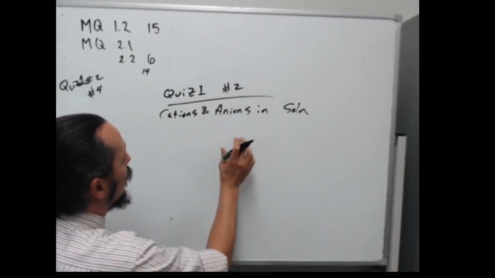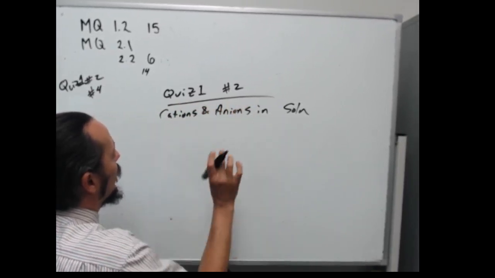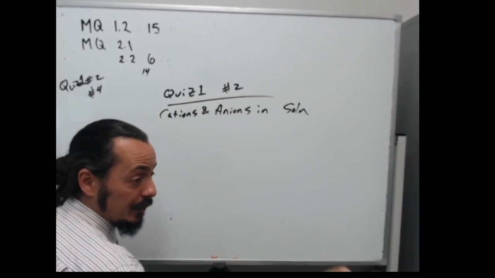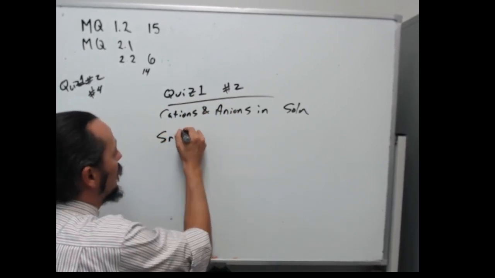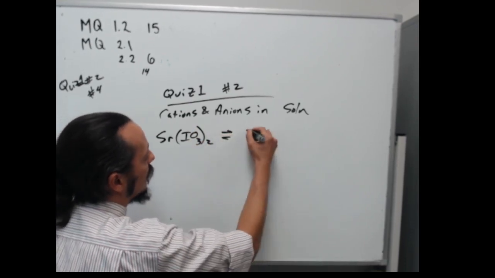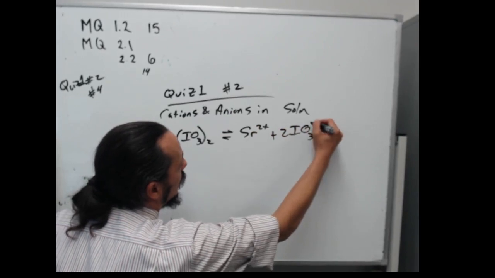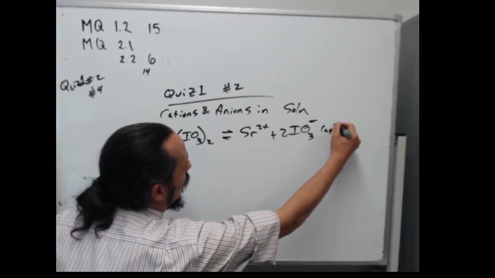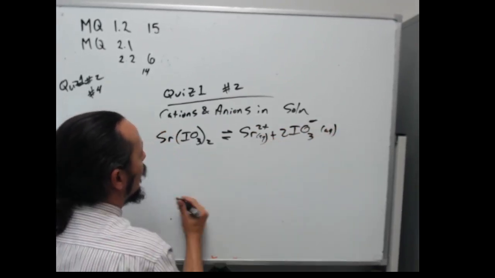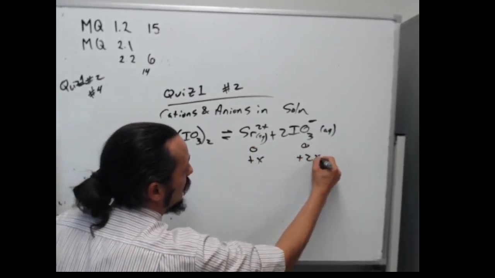So let's double check this real quick. I haven't done my rechecks to make sure I don't have typos in the key. So this was looking at strontium iodate. Yeah, so that's going to be Sr(IO3)2, which dissociates to Sr2+ plus 2 IO3-, both aqueous. We're doing this in water, so we start with 0, 0, plus x, plus 2x.